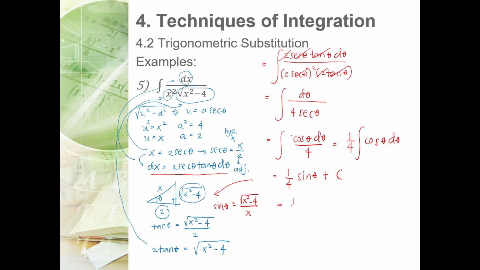So we have 1/4 times the square root of x squared minus 4 all over x plus c. So the final answer is square root of x squared minus 4 all over 4x plus c.